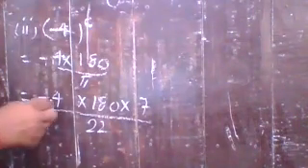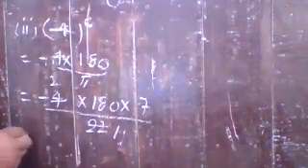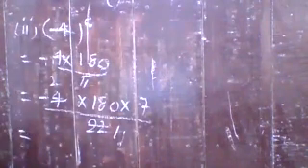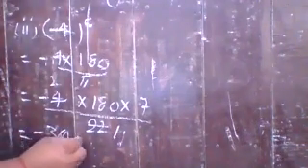So minus 4 into 180 upon pi, and that is written as minus 4 into 180 into 7 divided by 22. So here 2 times, here you have 11 times. Now multiplying these two, so 360 into 7 upon 11.